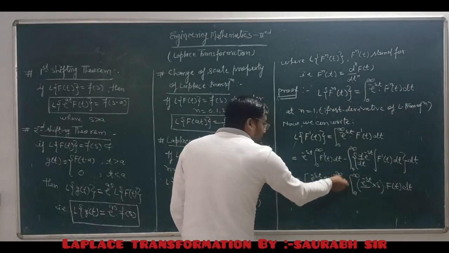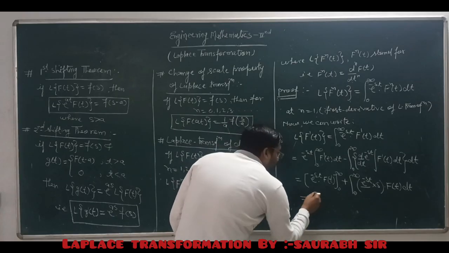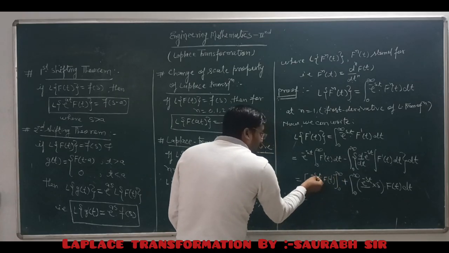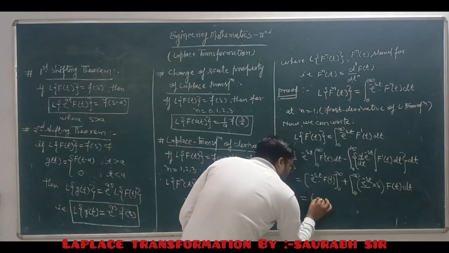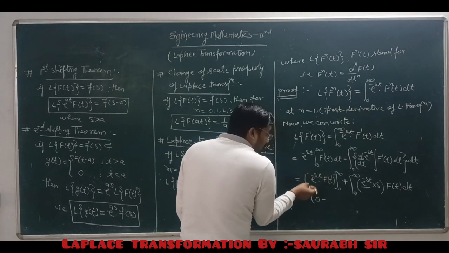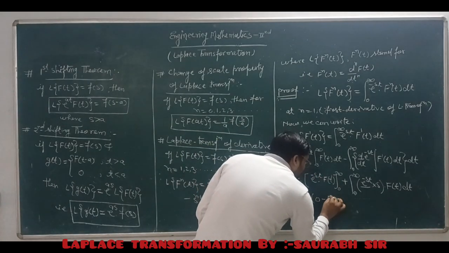Now putting the values of 0 to infinity: at infinity, e^(-infinity) is 0, and 0 into 0 is 0, minus the value at t = 0, e^0 is 1, into f(0).